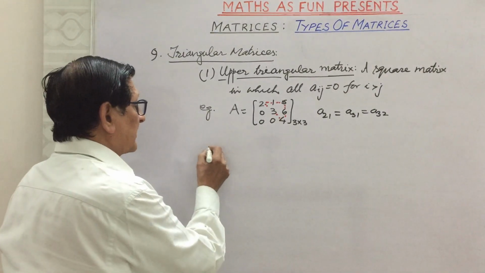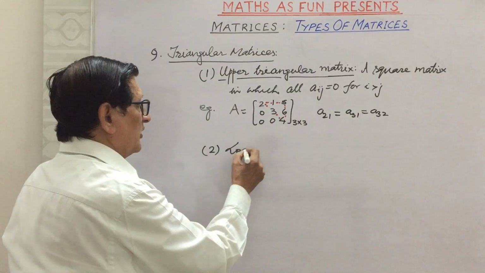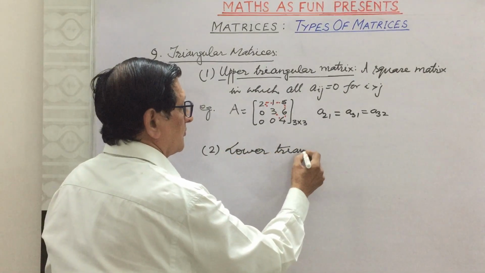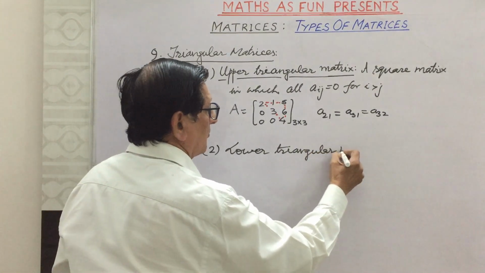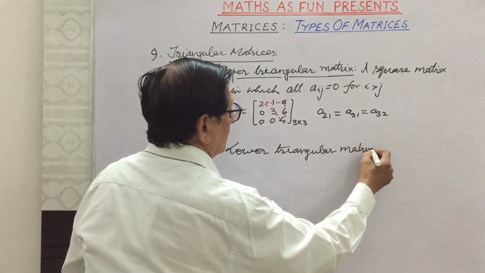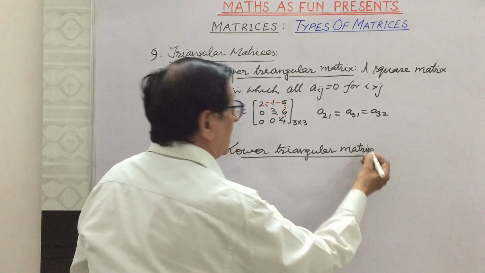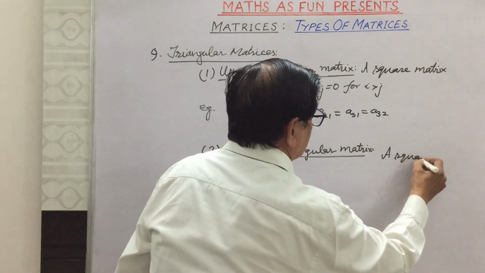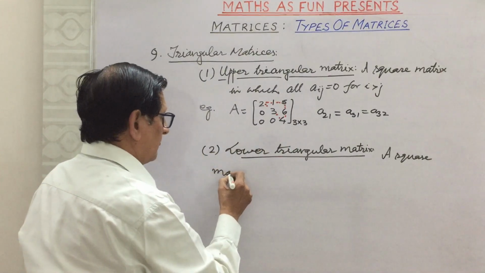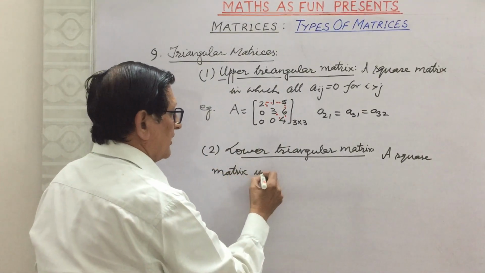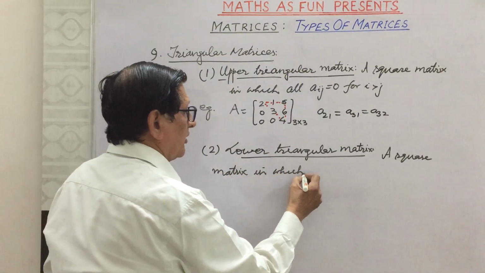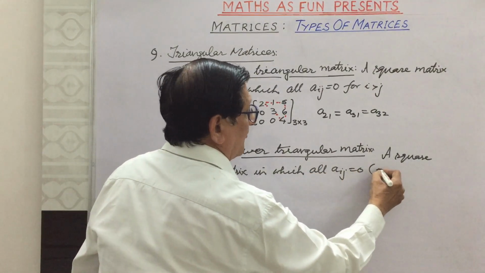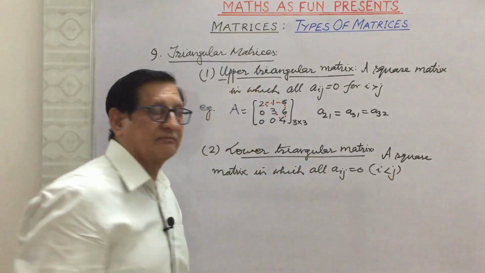The next, the second one we have, is a lower triangular matrix. Opposite to this, we can say a square matrix in which all Aij is 0 for i is less than j.